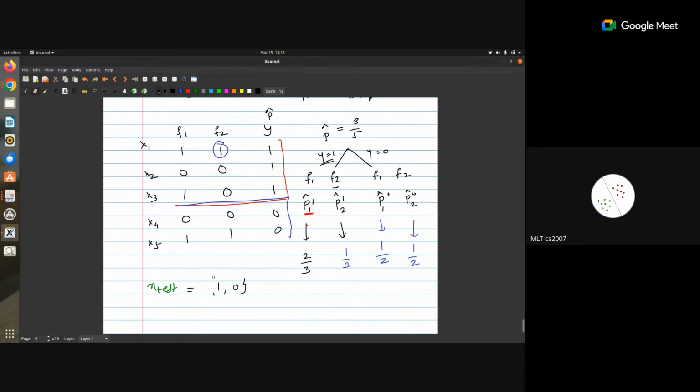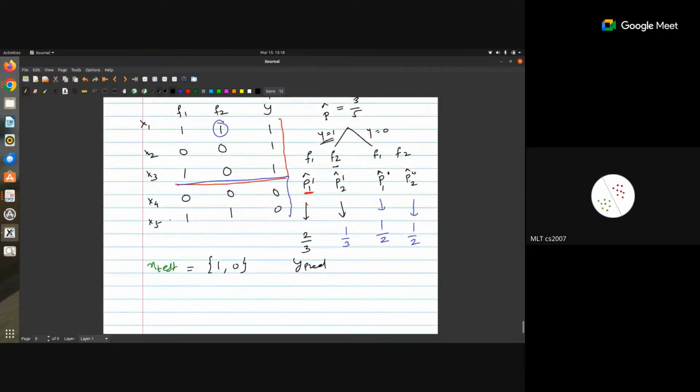I need to find out the prediction for this. How to find it out? By using the Bayes theorem now. Label is 0, right? Yeah.